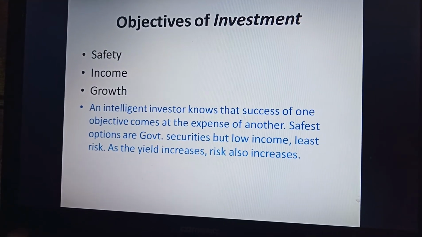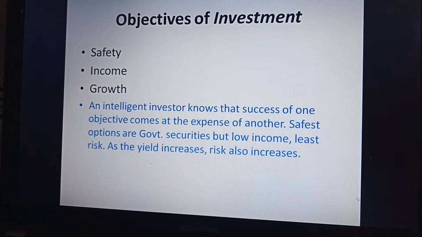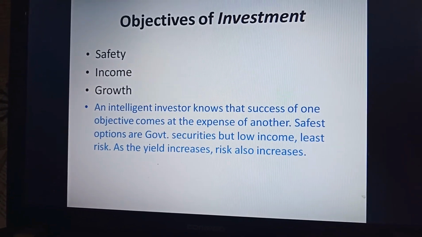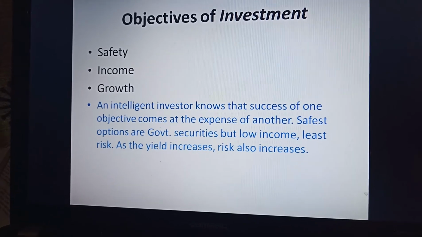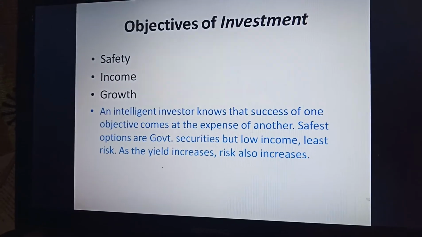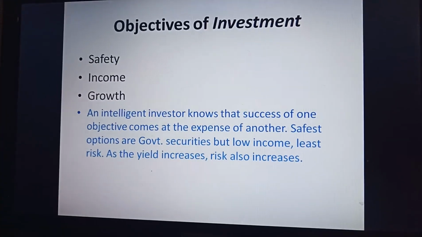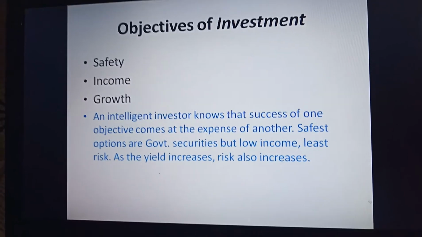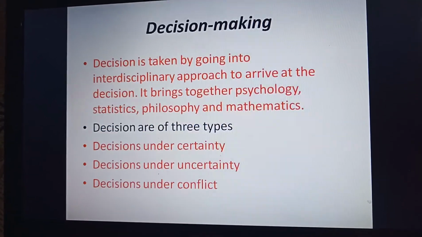So what is safest option? Safest option may be government securities, but low income and least risk. So government securities are associated with low income, but risk is less. We can say as the yield increases, risk also increases.